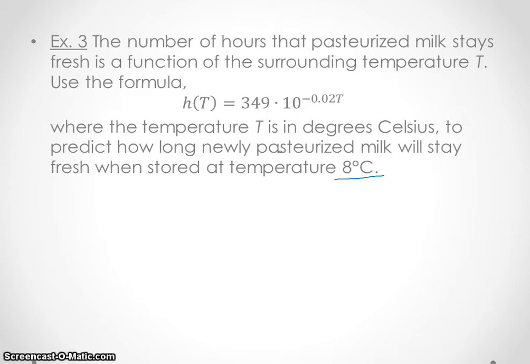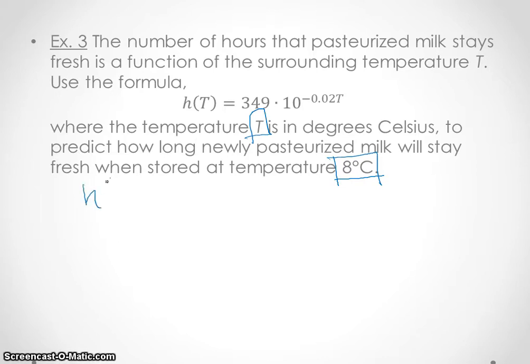So we have to figure out how long we want to keep the milk for, because sometimes it's questionable. Sometimes maybe it smells bad, but you're not really sure. So let's see here. We're going to use this here, and they give us the temperature, so they told us the temperature was T. So everywhere I see a T, I'm going to plug in 8 degrees, so I can figure out what it is when it's at 8 degrees.